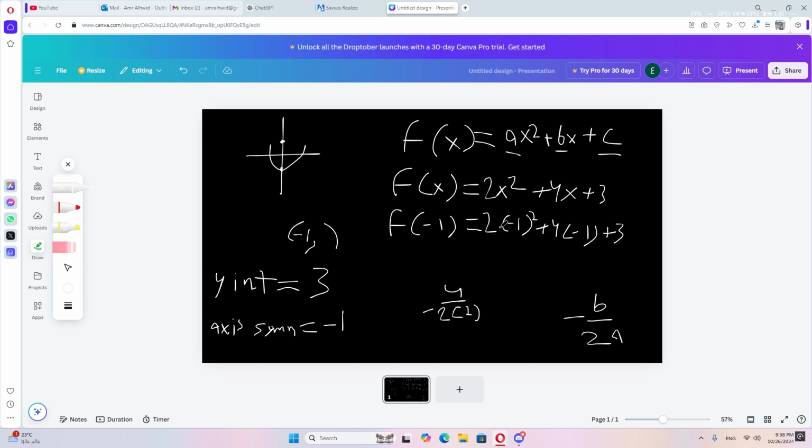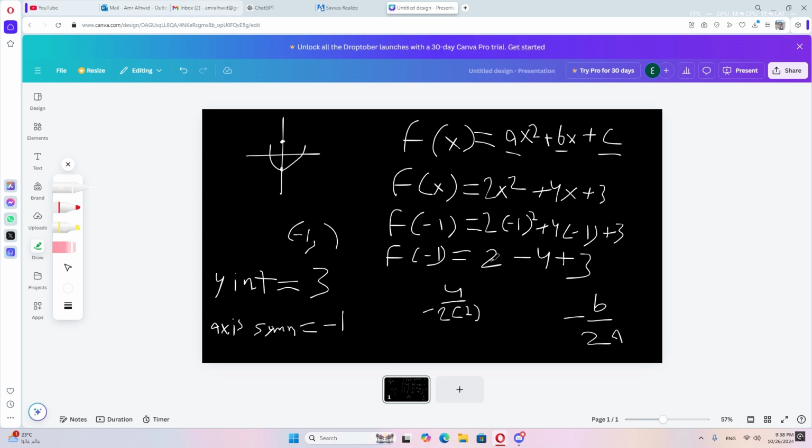Let's check. 2 times minus 1 squared will be 2, plus 4 times minus 1, you will get minus 4, and plus 3 equals f of minus 1.